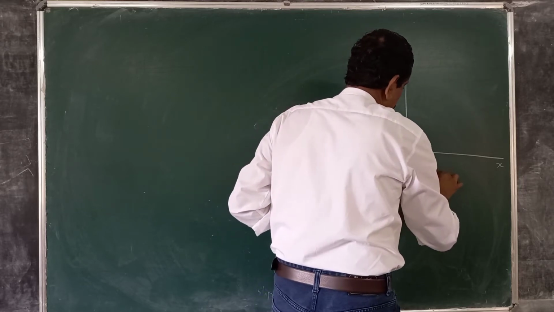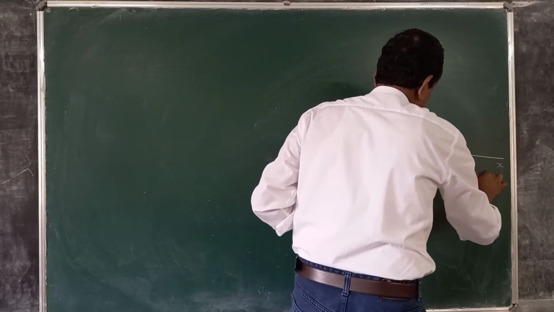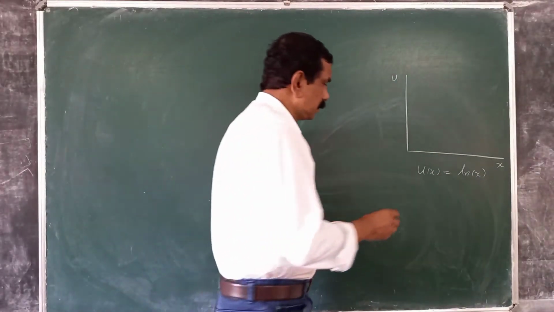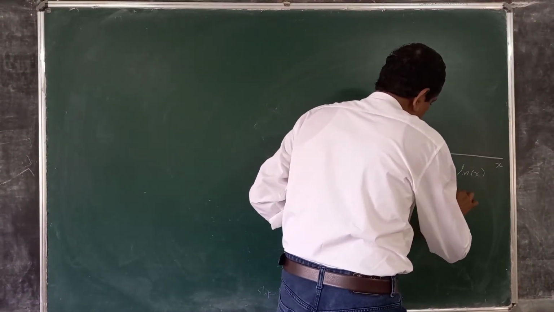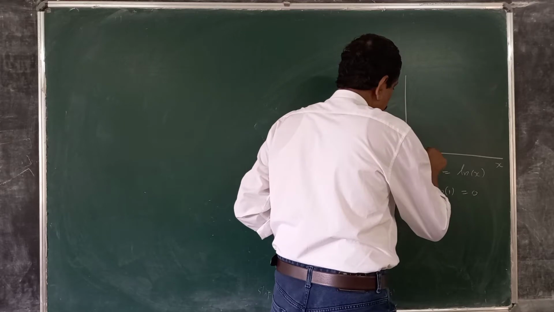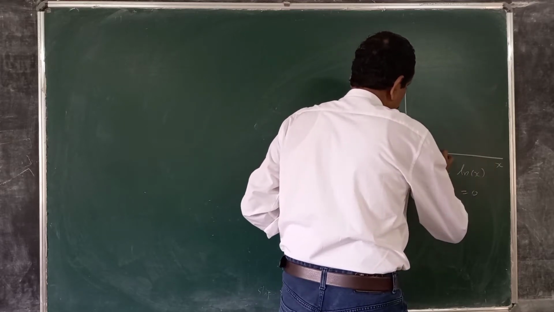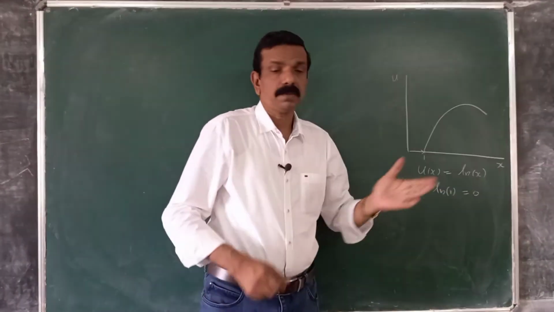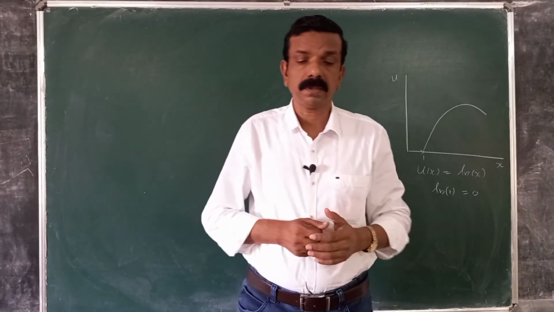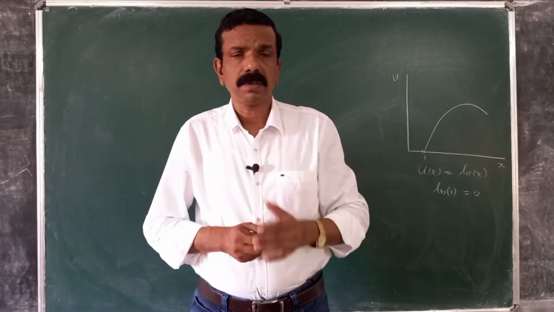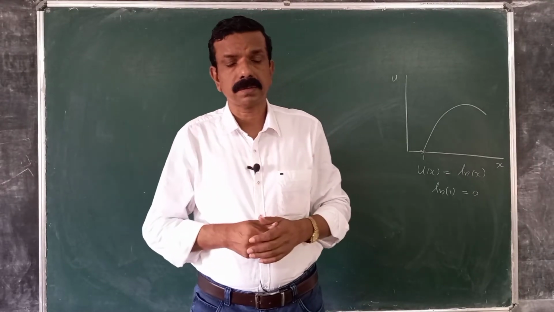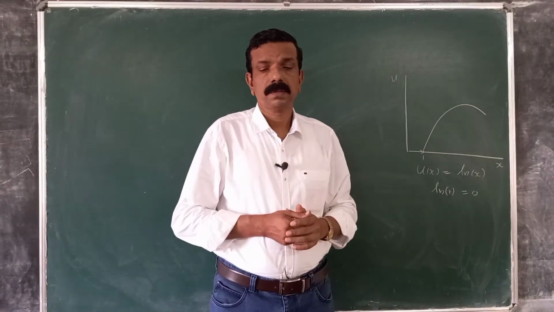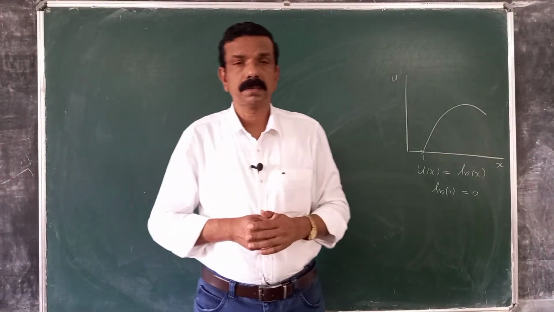Suppose that U(x) is equal to ln x. U(x) has the shape ln x, so that ln 1 is equal to 0, this point, and suppose that the utility function is like this. In the figure, as x increases, U(x) also increases, but at a diminishing rate.